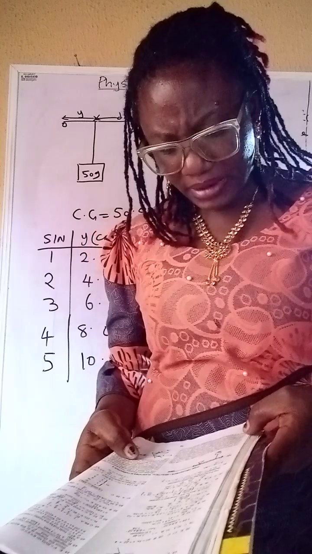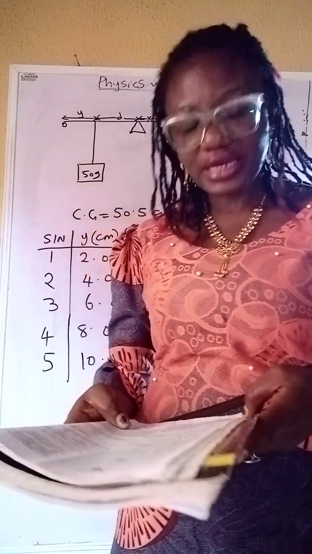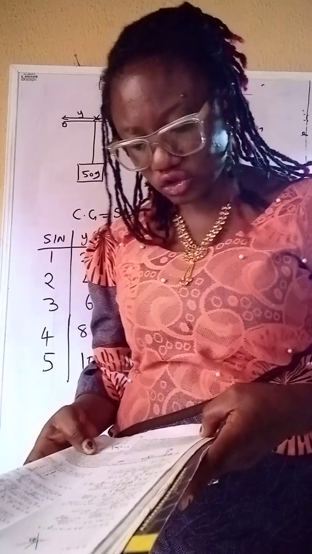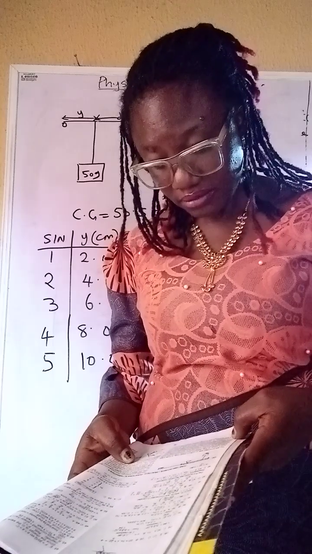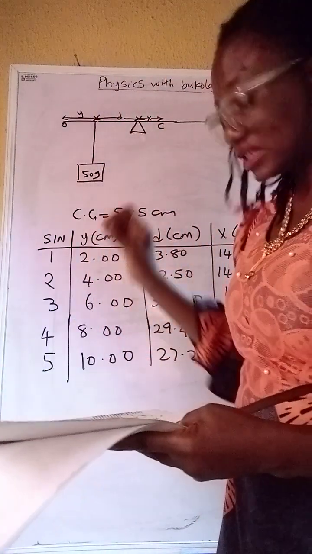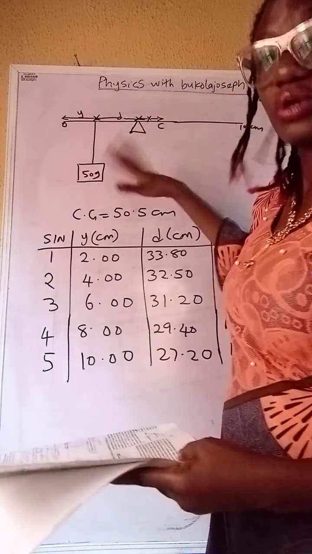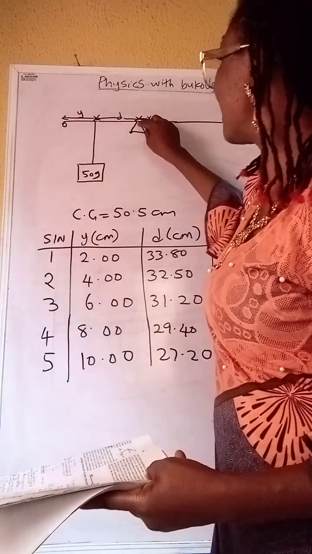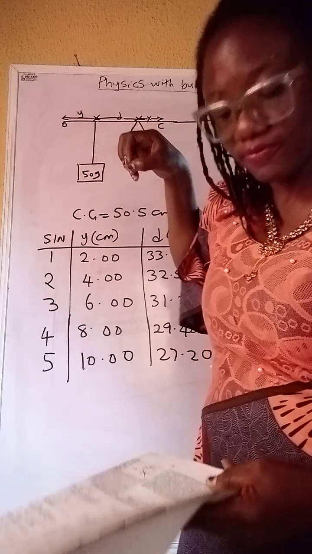Let's see the next instruction. Balance the meter rule with the hanging mass on the knife edge. Read and record the position of the pivot. So once it is balanced, you read. I think this one is the easiest way out. You read off the position of the pivot.